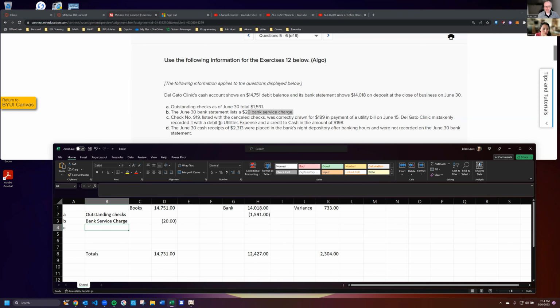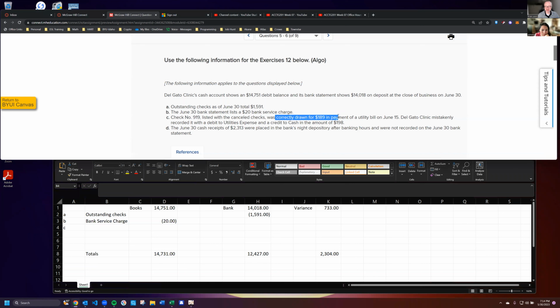Delgado mistakenly recorded it with a debit to utilities expense and a credit to cash for 198. So it's right on the bank side, right? They said that this is correctly drawn on the bank. On the bank. But the problem is on the books. They recorded it for 198 instead of 189.